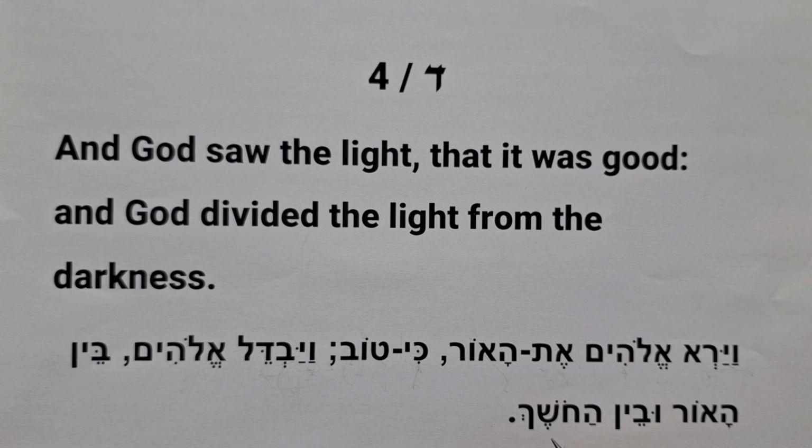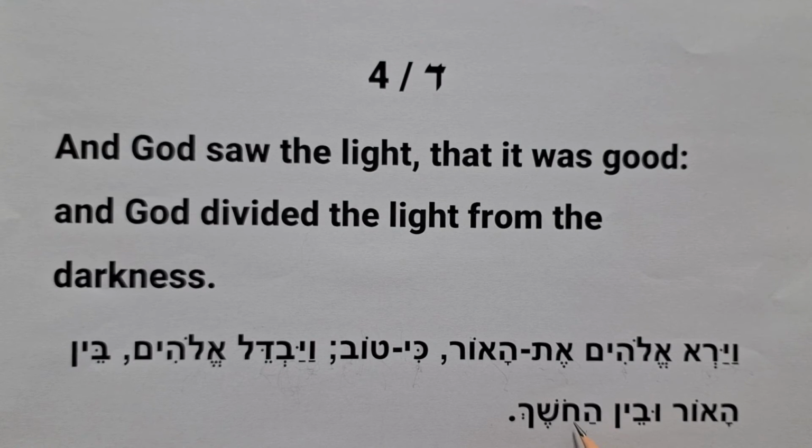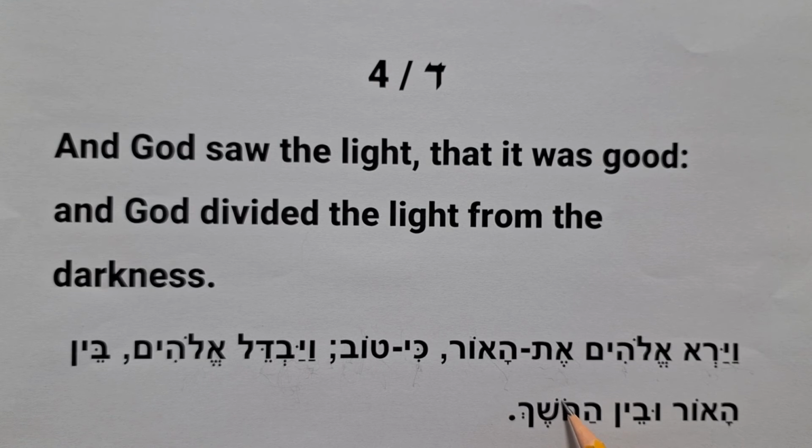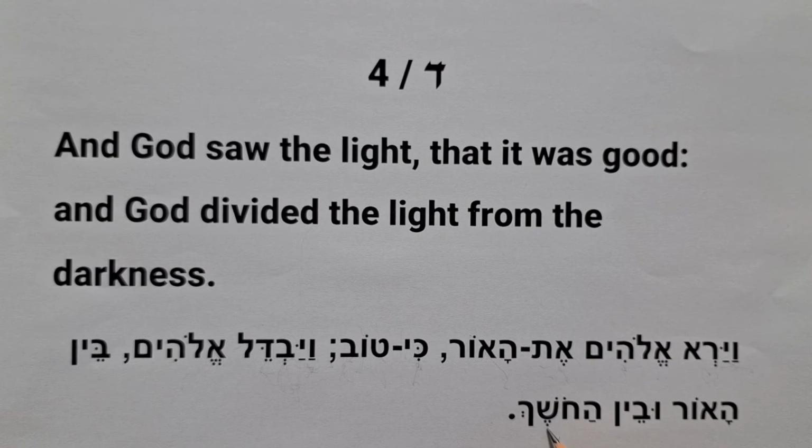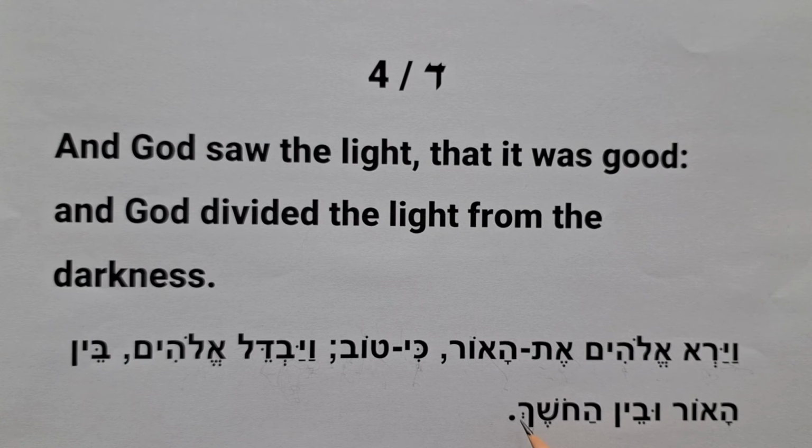Ha-choshech, darkness, he with patach, ha, chet with cholam, cho, shin with the dot here, so it's sh, and segol, she, and chaf sofit, with shva nach that closes the syllable, ha-choshech.